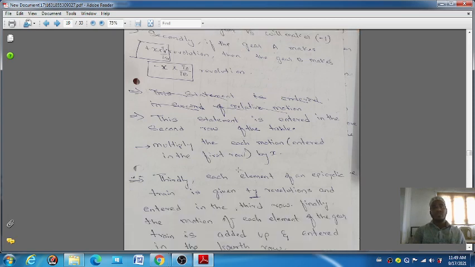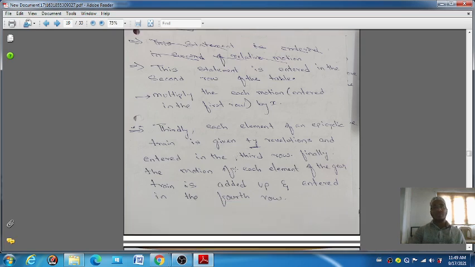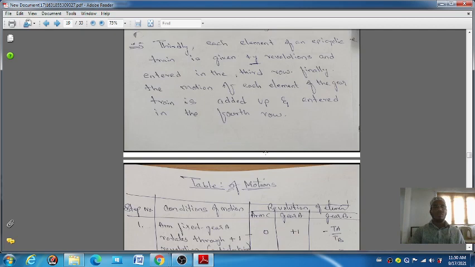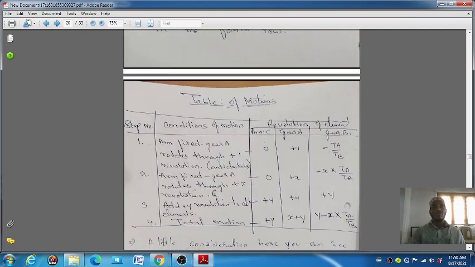Next, like this the second row, third row and fourth row will follow. In the third row we take another variable, plus y revolution, and add it to the tabular form. Then after that we get the fourth column value. If you are not getting it, you can see the tabular motion.